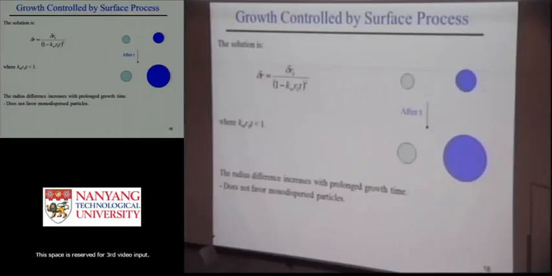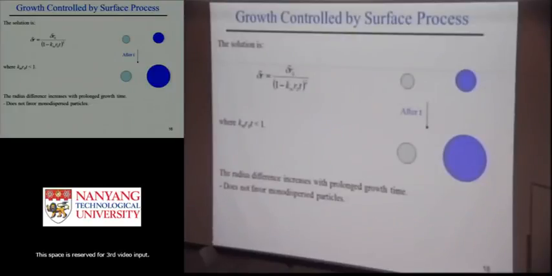You have a nuclei. After some growth time of t, the size difference becomes bigger. You have a non-uniform nanoparticle, and the size difference will keep on increasing. And that's not what we want. We want a uniform nanoparticle because we want the property to be uniform.